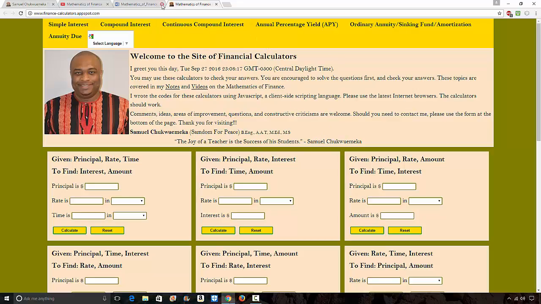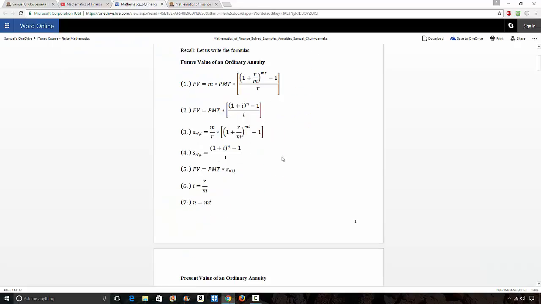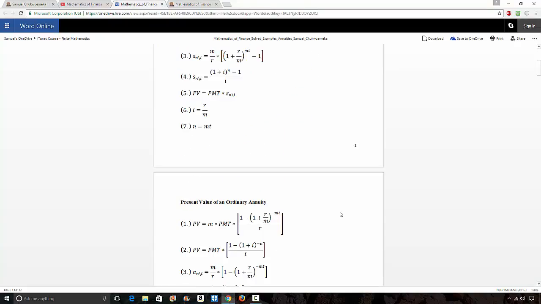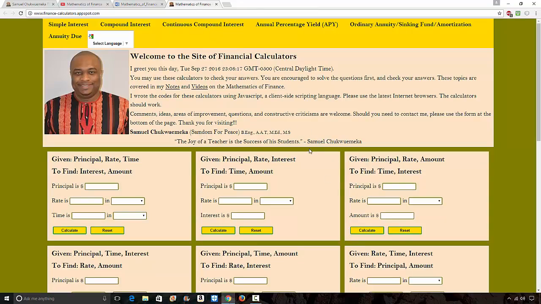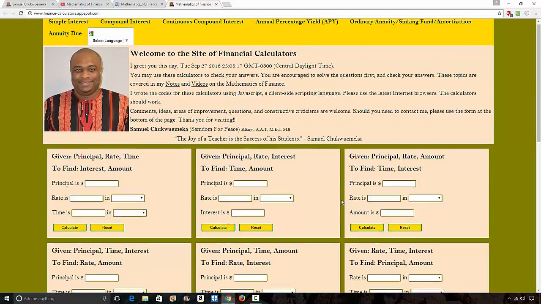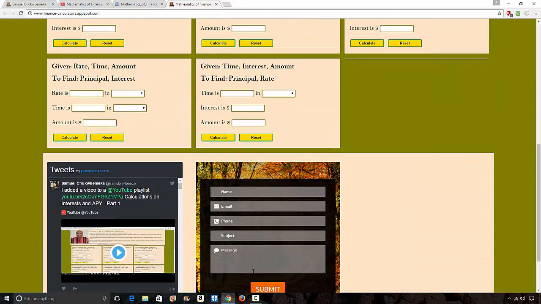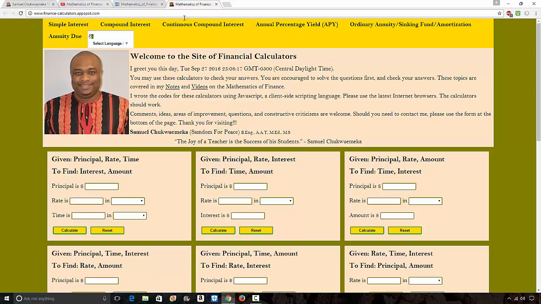If we do not get the same answer, I encourage you to find out your mistake. I might be the one who made a mistake, but first of all, try to review yours again, and if you're very sure of your calculations and you think that the calculation here didn't give you the right answer, feel free to contact me with this form. But before you do that, just review what you did.